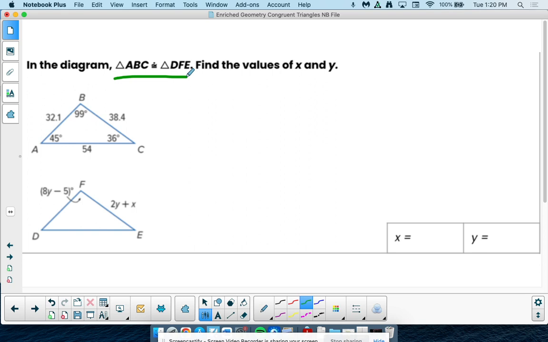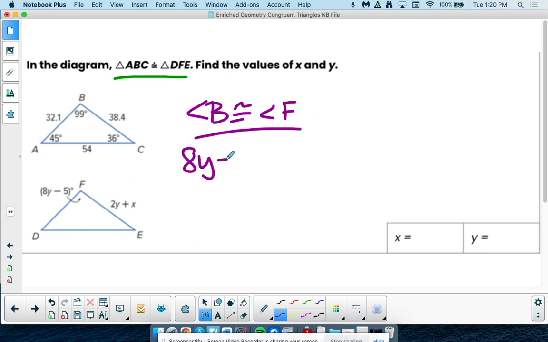Okay, so if I look, angle F matches what angle up here? B. Right, you guys see how they're in the same spots right there, so that's how I know. So I'm going to just write that right here. Angle B is congruent to angle F, just so I know how I got where I did, okay? So now we can write our equation. 8y minus 5 is equal to 99.